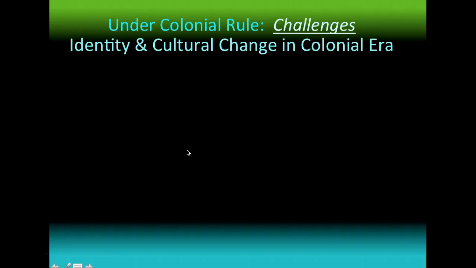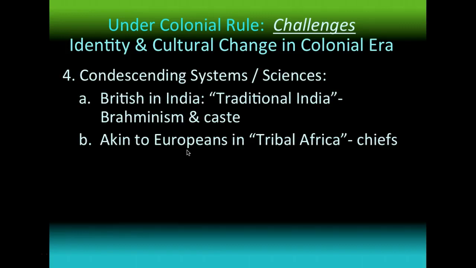A few more of the really big challenges under British colonial rule. There were condescending systems and sciences, and this is not just under British rule, but under other European rule in not just India, but in Africa and in Southeast Asia as well.